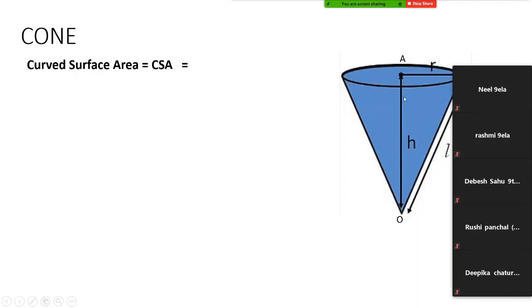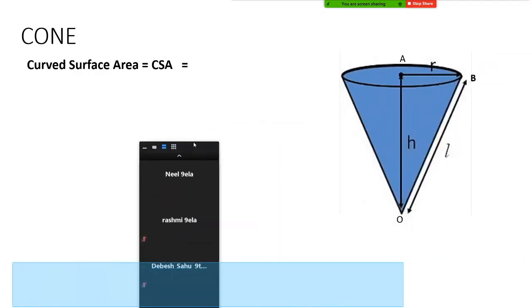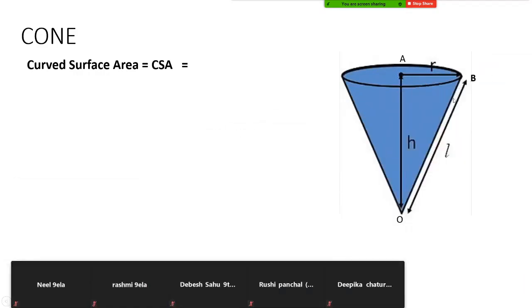What is this of a cone? Tell me what I am pointing out. Height, the height of the cone. And what is this? Slant height. That is called slant height. And this AB is called radius. So in a cone we have three parts.